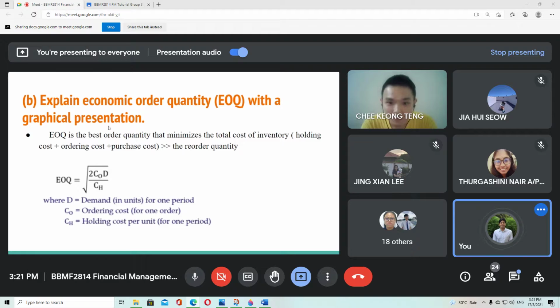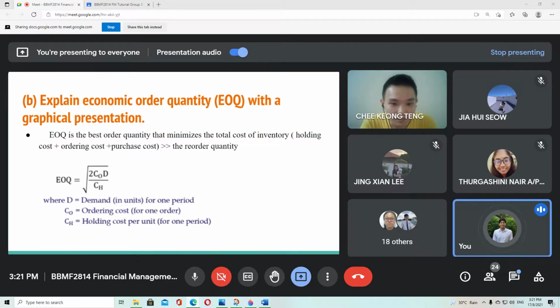So question B says, explain economic order quantity with a graphical presentation. So the definition of EOQ is the best order quantity that minimizes the total cost of inventory, which includes holding costs plus ordering costs plus purchase costs to get the reorder quantity.